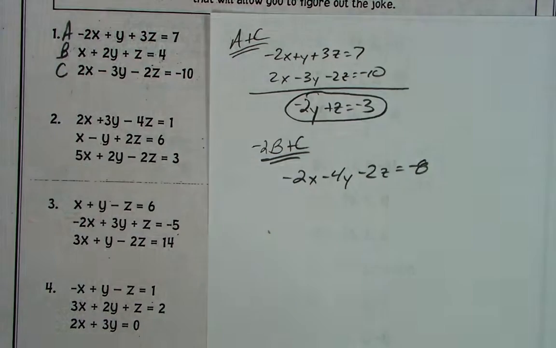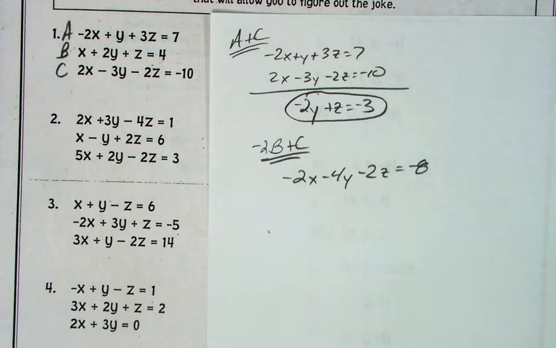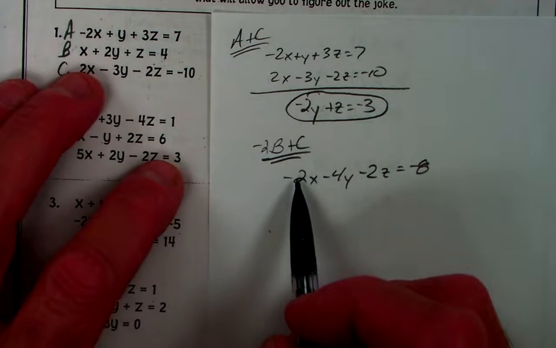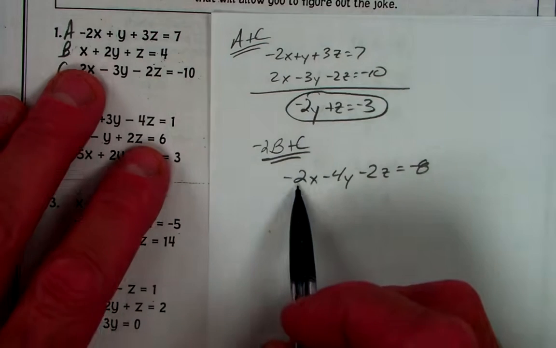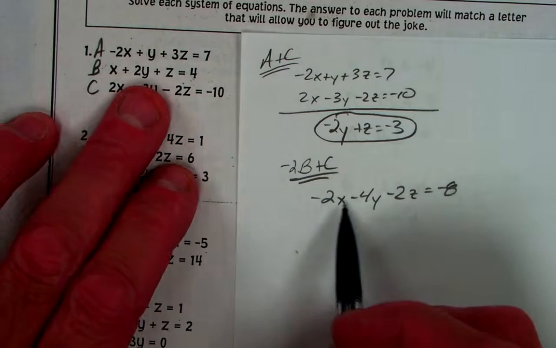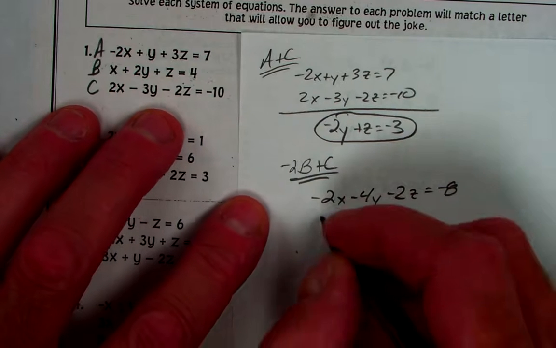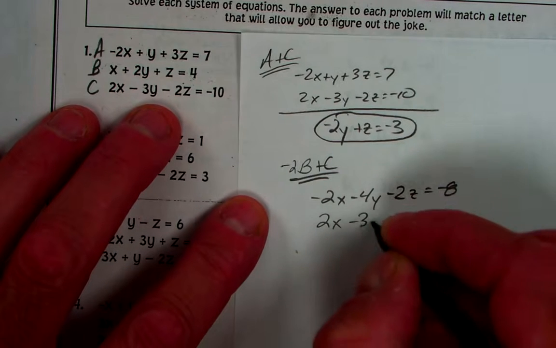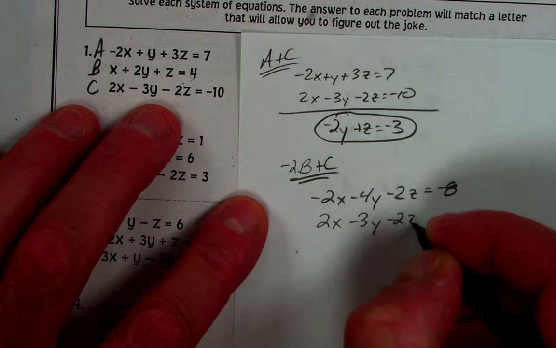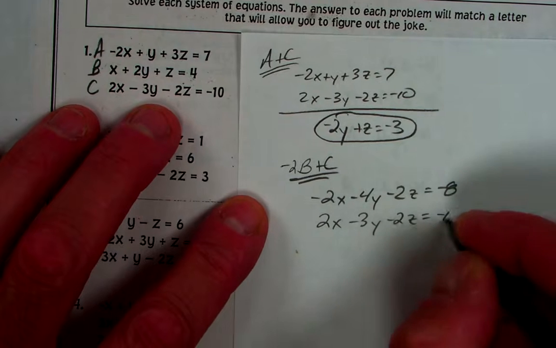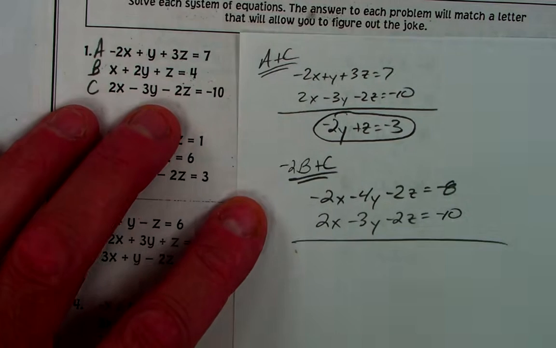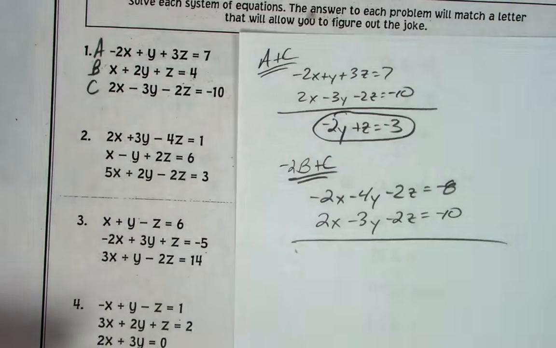And when I'm doing these problems, which are kind of long and ugly, I'm going to stop and double check myself every single step I do. So negative 2, negative 2, negative 2. Good. Then I just bring C down: 2x minus 3y minus 2z equals negative 10. So add them up.